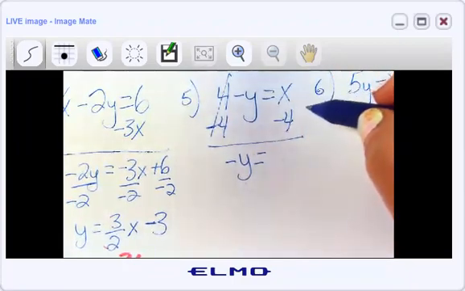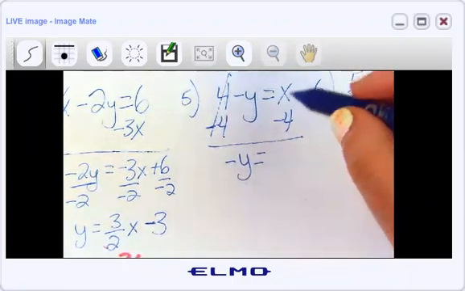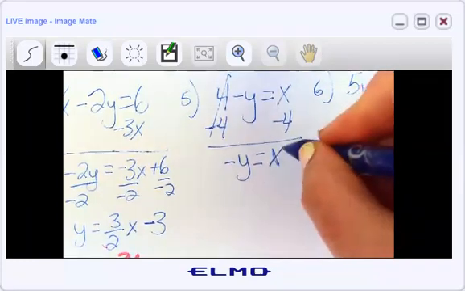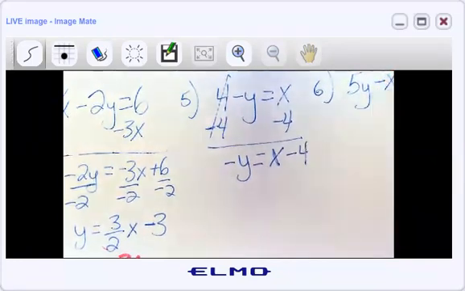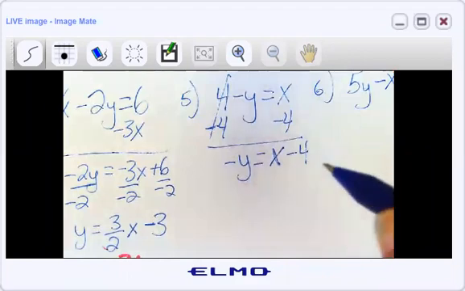I want the x to be right after the equal sign. So I'm going to leave the x there, and then I put the -4 over here. Right? I only stick it if it's the x term, but the x term was already next to the equal sign, so let's just put the -4 over on the side. I'm not done yet, though. Don't fall into this trap because it says -y, and I need positive y.